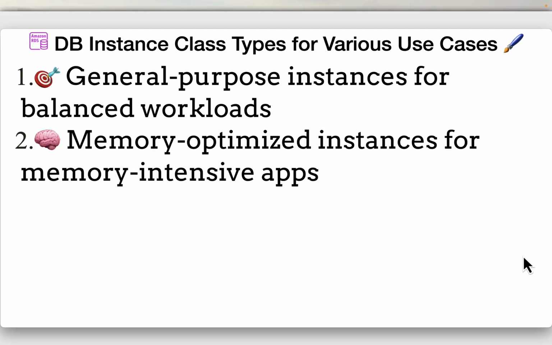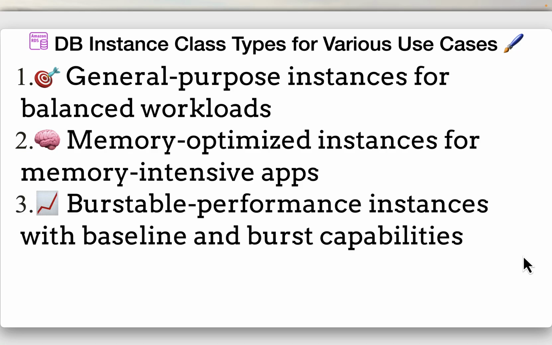Then we have memory optimized instances for memory intensive applications. Memory optimized DB instance classes like db.r6g and db.x2g are designed for memory intensive applications, offering high memory capacity and performance.